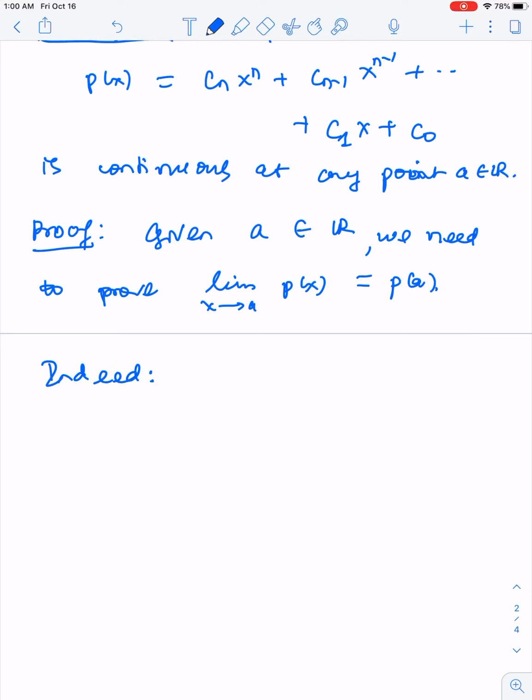in the previous lecture, I told you a few rules of limit, and now you can use them.